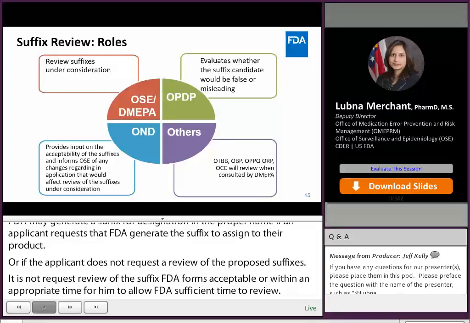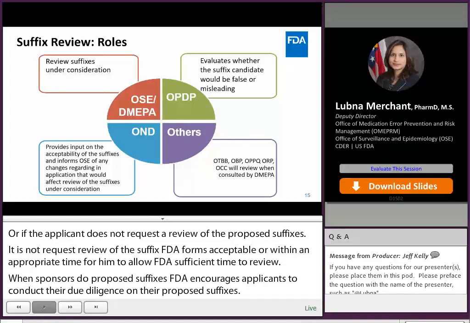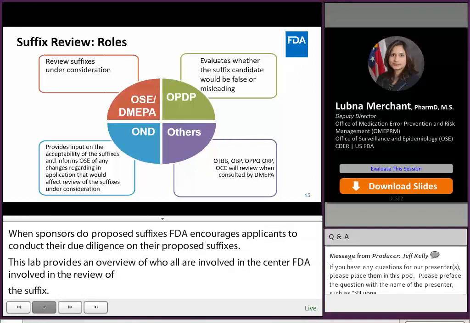So this slide provides an overview of who is involved at FDA in the review of the suffix. As I mentioned before, DMEPA is the lead for this review of the suffixes under consideration. OPDP, our Office of Prescription Drug Promotion, would evaluate the suffix candidate from a false and misleading perspective, if they are false and misleading with respect to safety and efficacy.